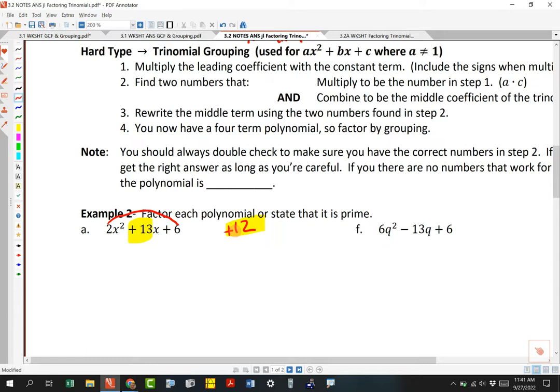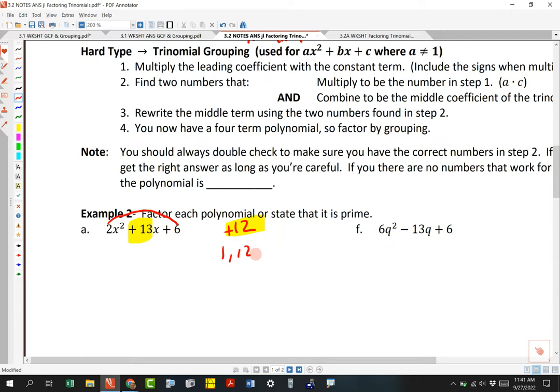Then I stare at that number, I write it down, and I think of the sign if I'm not going to write it. And then I look at the 13 and I think to myself, can I find numbers that multiply to be 12 that combine to be +13? Yeah. +1 and +12. Okay, now, please double check yourself right here. Do they multiply to be +12? Yes. Do they combine to be +13?